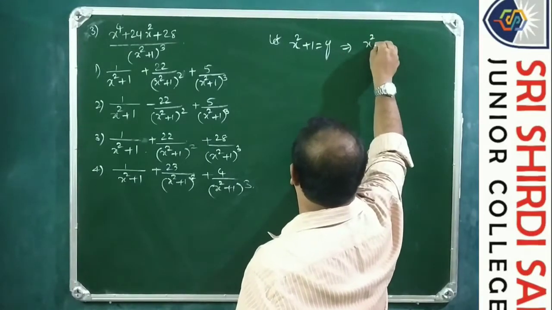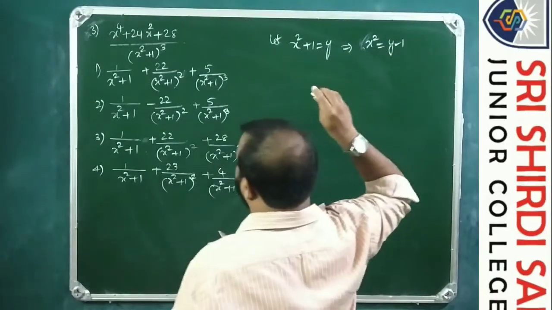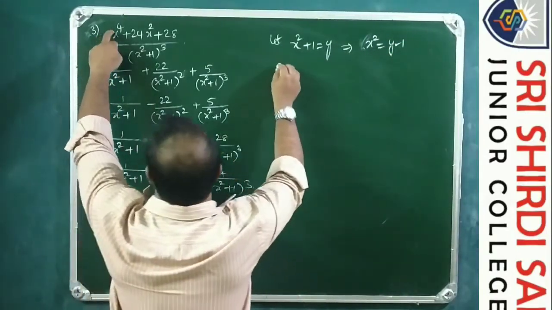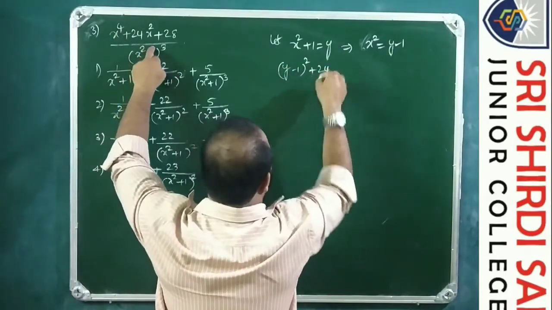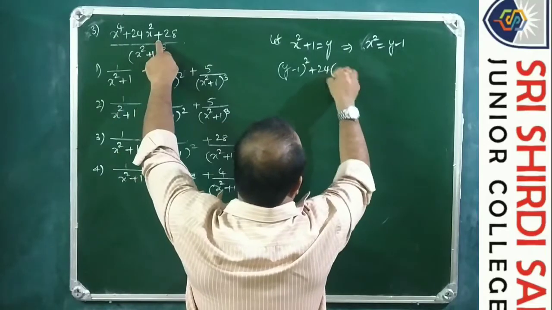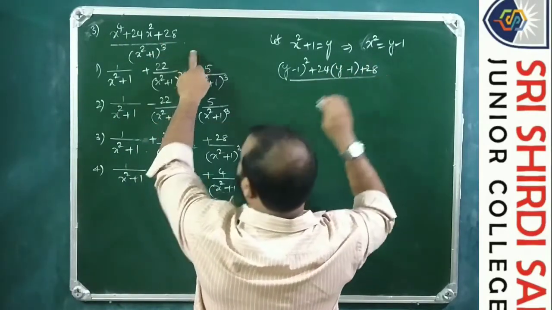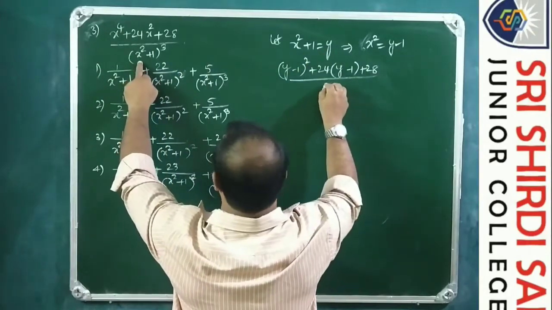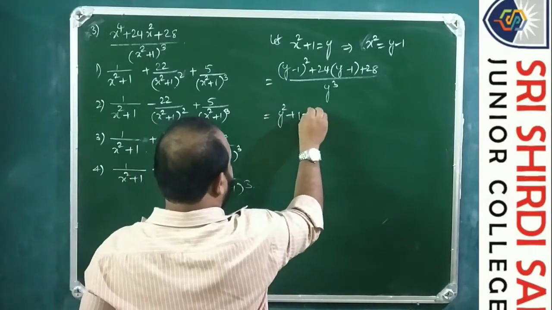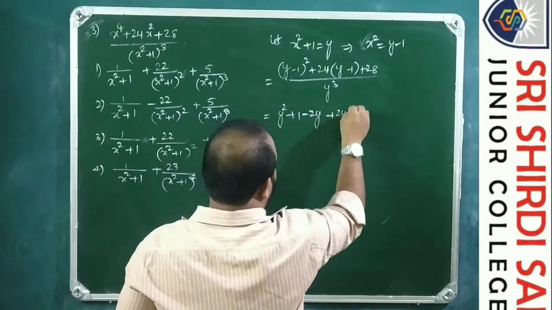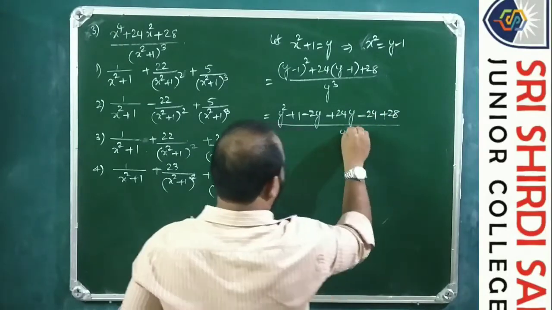So x square is equal to y minus 1. So substitute: x square whole square is y minus 1 whole square, plus 24 into x square, which is y minus 1, plus 28, by x square plus 1 whole cube, which is y cube. So this is equal to y square plus 1 minus 2y plus 24y minus 24 plus 28 by y cube.